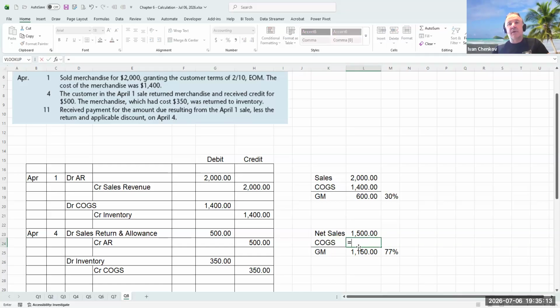Cost of goods sold, first was 1,400 minus 350, and that's gonna give us, and it doesn't give me anything. Excel is stuck for me. I don't know how it is for you, but this is what I'm talking about, that Excel gets stuck sometimes. So what I have to do, I have to save it, close it, open it, and start again.